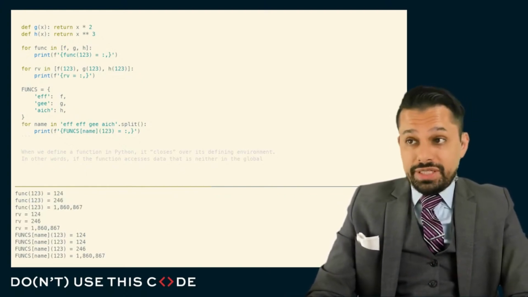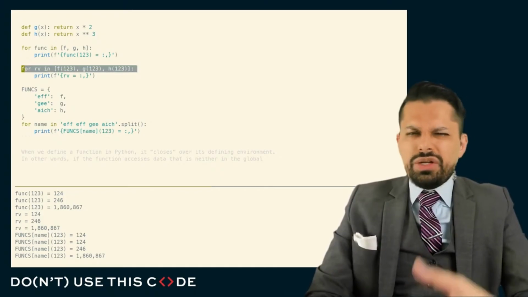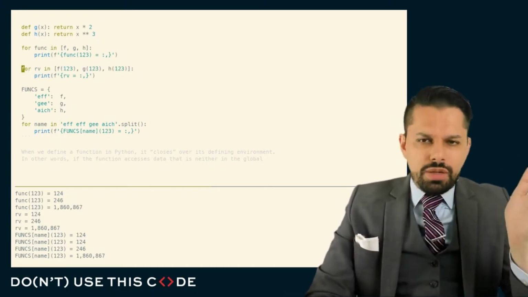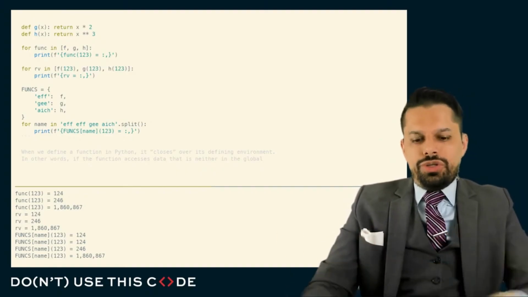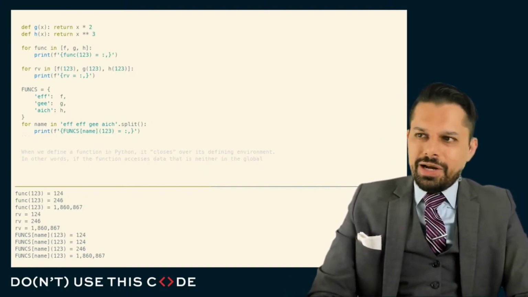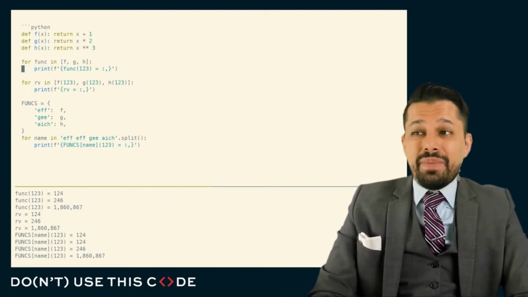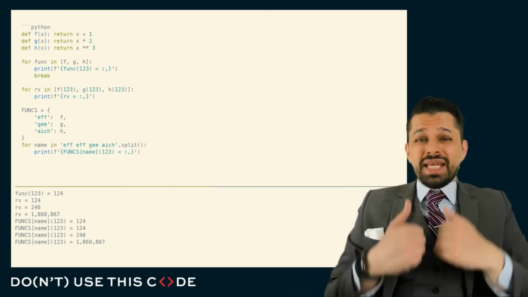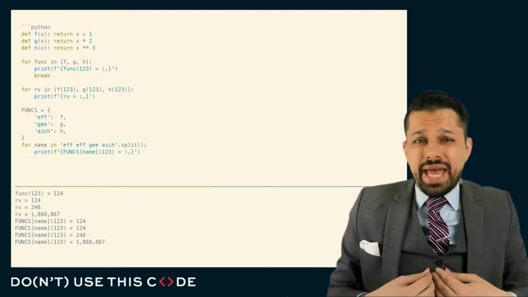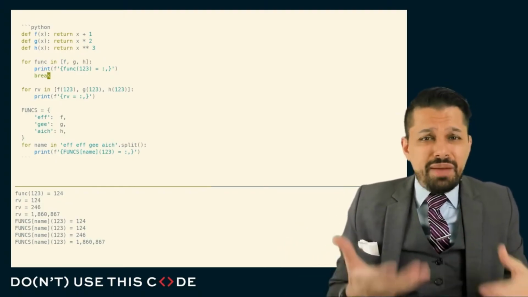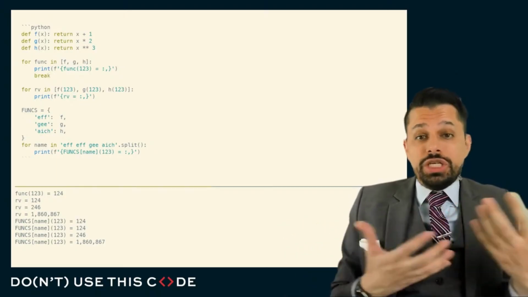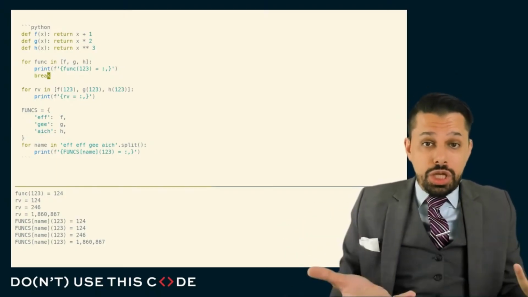And you can think that there may be a reason why I might do either one of these options. For example, here, this may be the case where the functions are relatively fast. I'll just run them all up front, and I'll show you what the output is. I don't need to invoke them. I don't need to defer the execution time. Here, it may be the case that at one point, I might break out of this loop. And when I break out of this loop, I don't want to evaluate the functions that I haven't visited yet, because then I'd just be wasting time, which would be very relevant if G and H happen to be particularly slow.